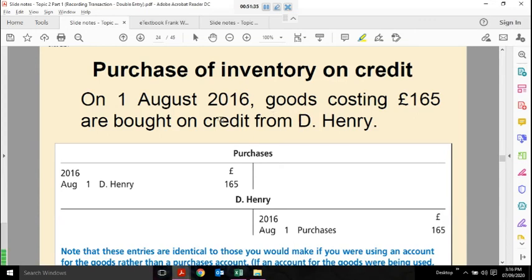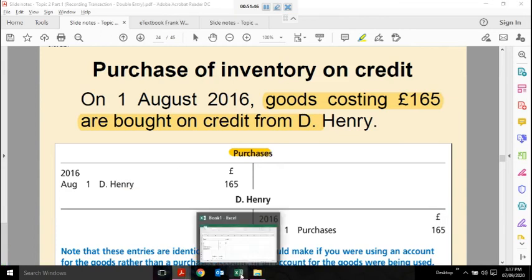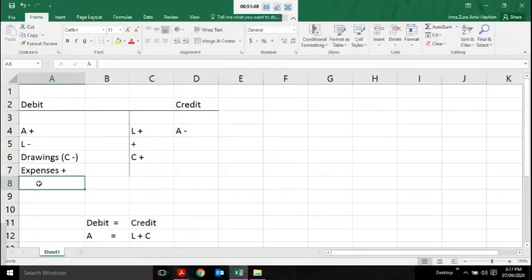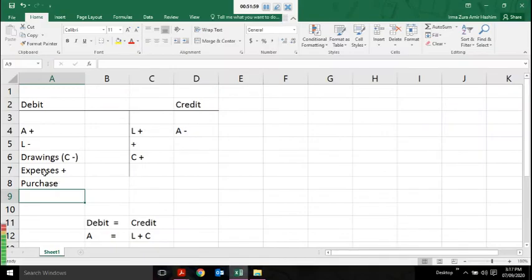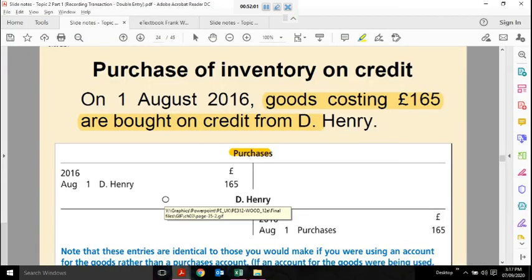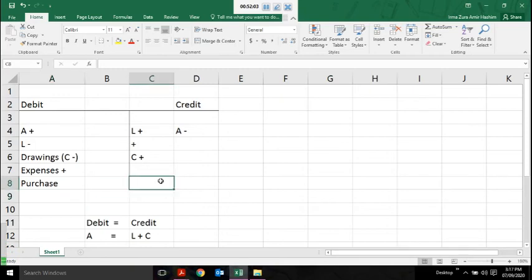Here your goods increase because of a purchase, so you have to open a purchase account. When you purchase, you should record it on your debit side. But when you make sales, you will record it on the credit side.